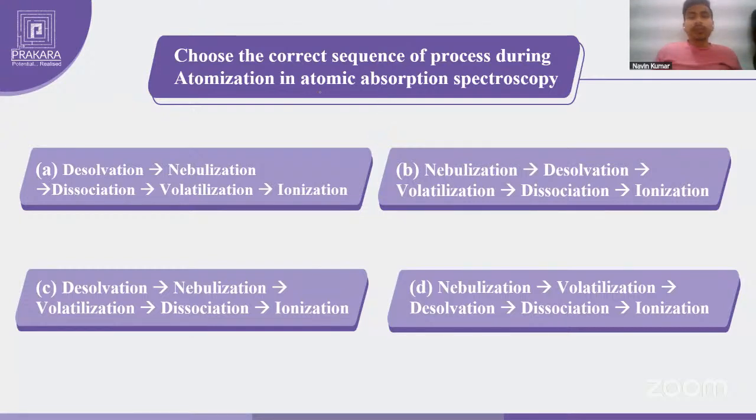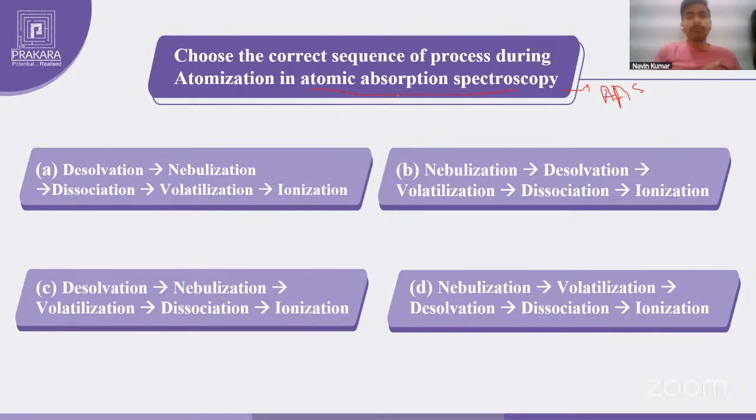So see, this question is related to atomic absorption spectroscopy, which is commonly known as AAS. This spectroscopy is a very advanced technique when we talk about the detection of atoms.